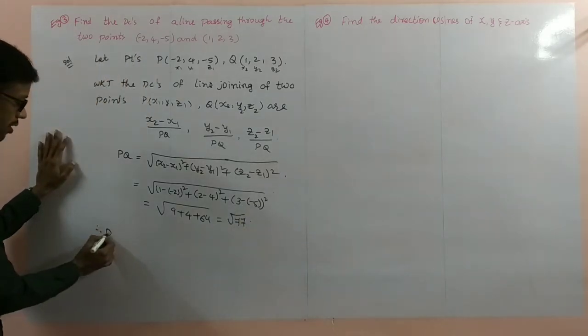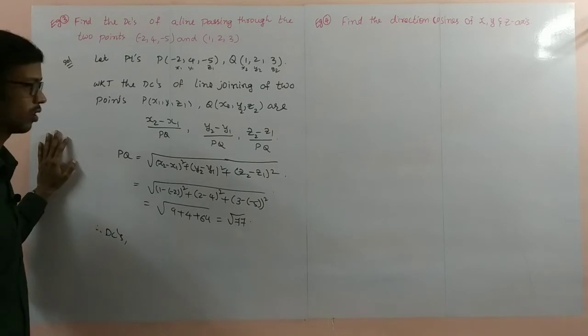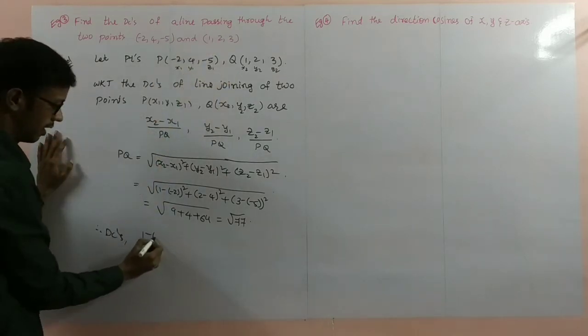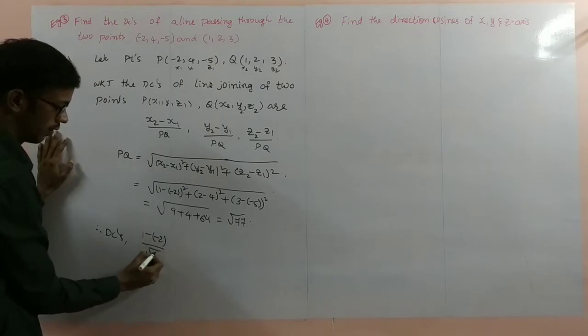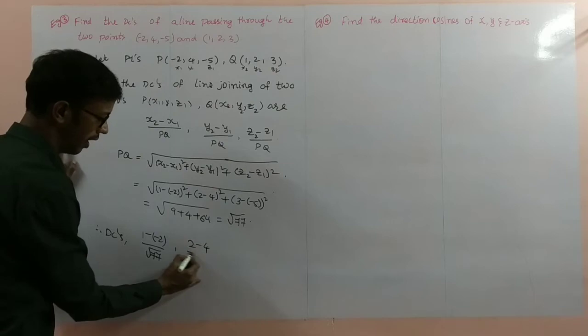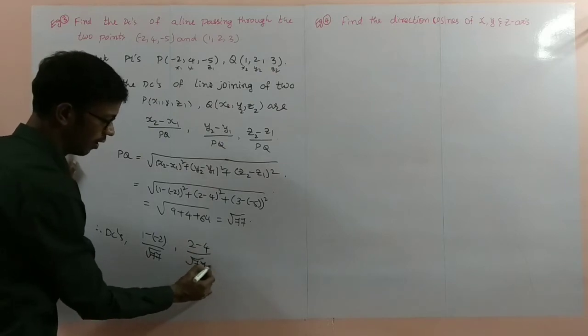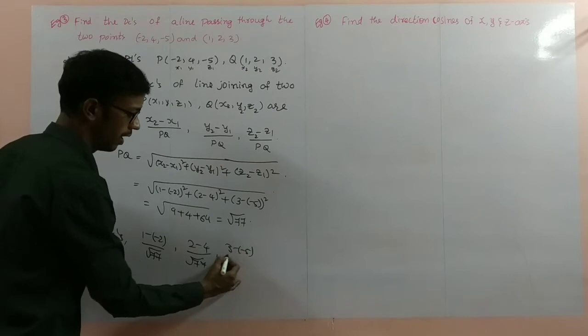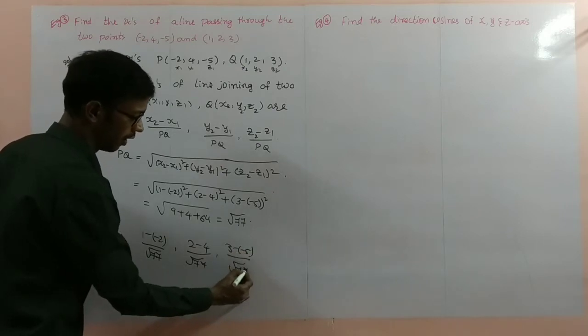Therefore, direction cosines: x2 minus x1, 1 minus of minus 2 by square root of 77, comma 2 minus 4 by root 77. Next one, 3 minus of minus 5 by root 77.